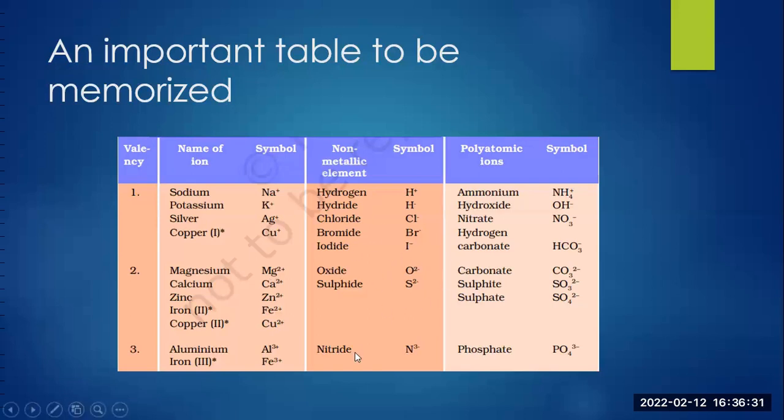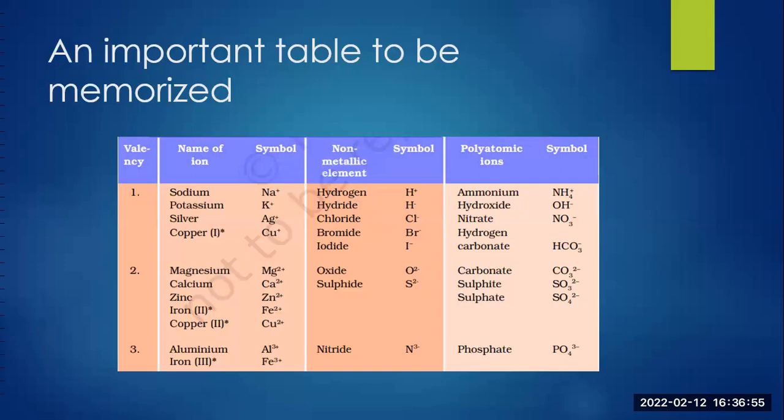Here, the second table lists various nonmetals. Hydrogen can exhibit 1+ or 1- valency. So, if the valency is 1+, then it is called hydrogen. If valency is 1-, it is called hydride.